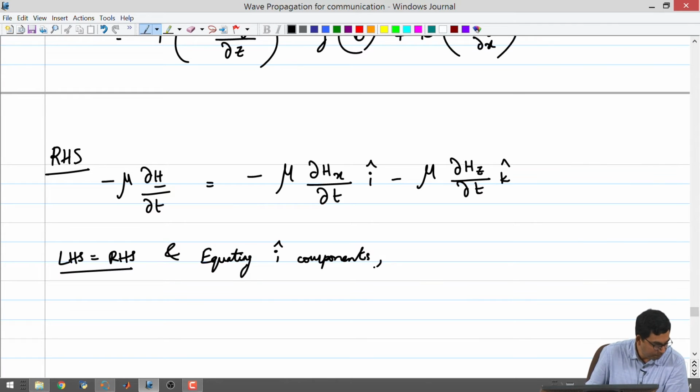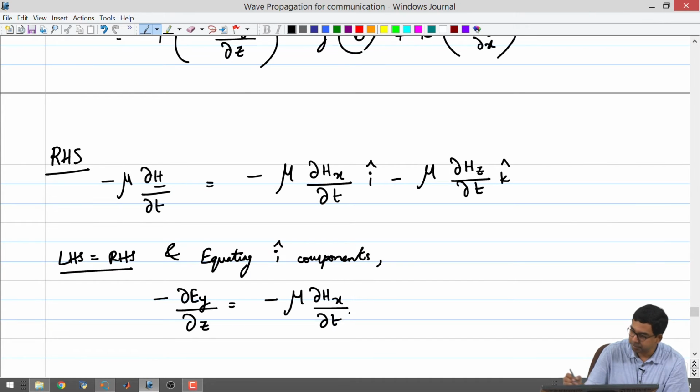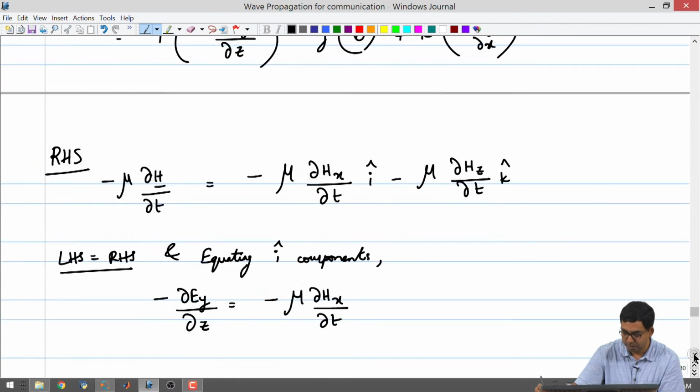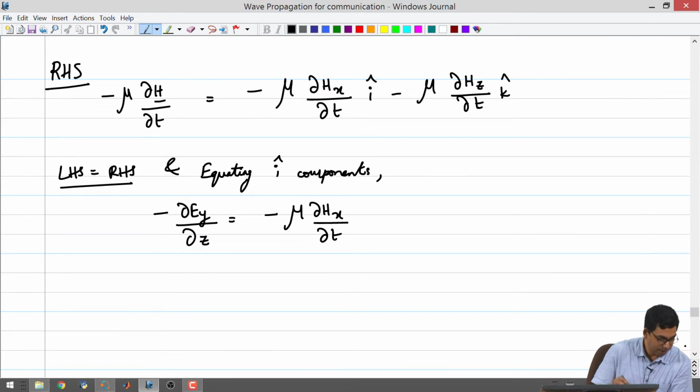So, you will have minus ∂Ey/∂z is equal to minus mu ∂Hx/∂t. I can always try to figure out what is the unknown over here. I have a time derivative on the right hand side, which means that I have to represent that as a forward time derivative. So, this I will be having as Hx, which is a function of x, z and the future.